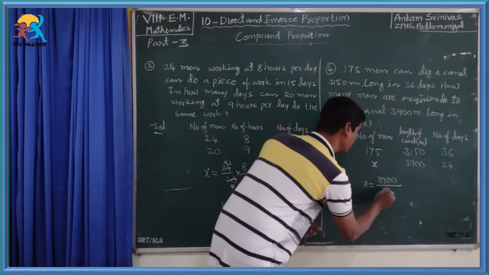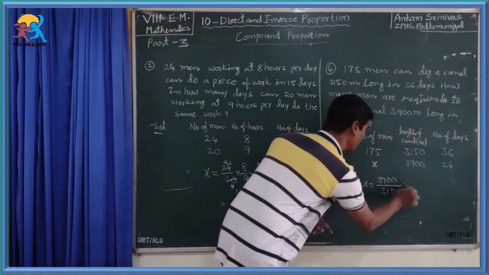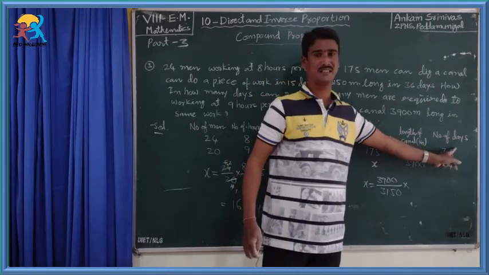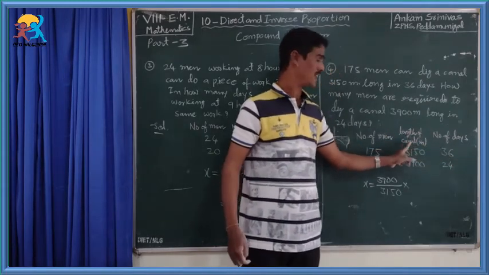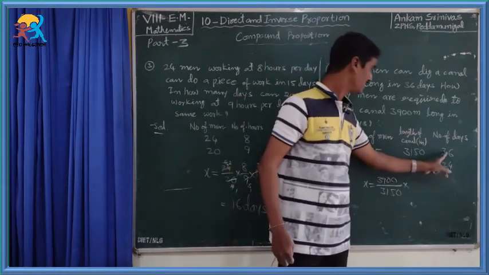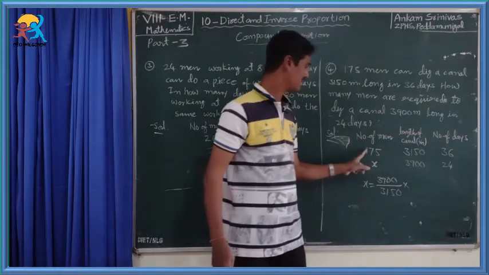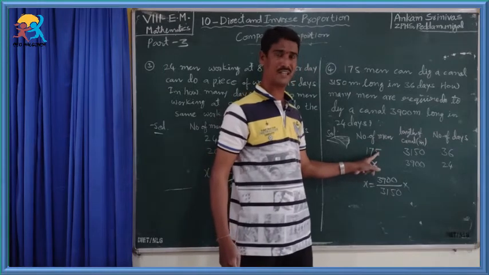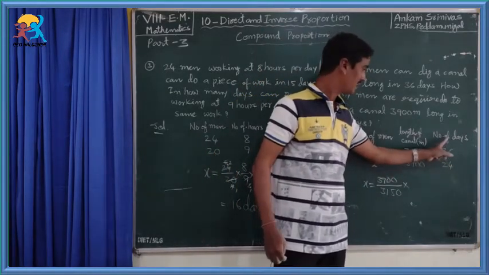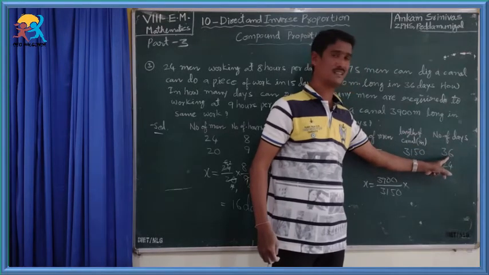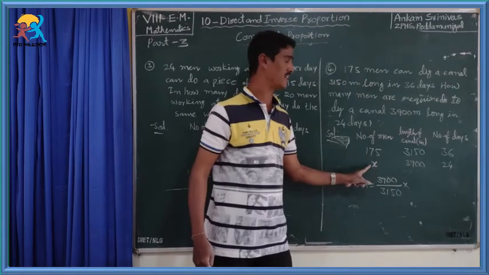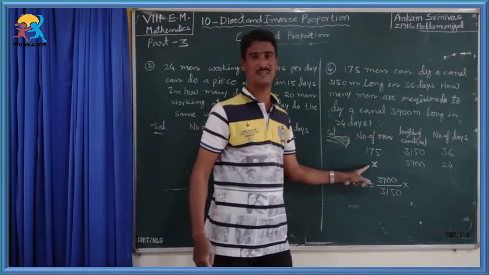3900 more than 3150 into, now compare the number of men with the number of days. Take the length of the canal as the constant. Here 36 days, 175 workers required. Here 24 days, that means the number of days is less. Then the number of workers is more.